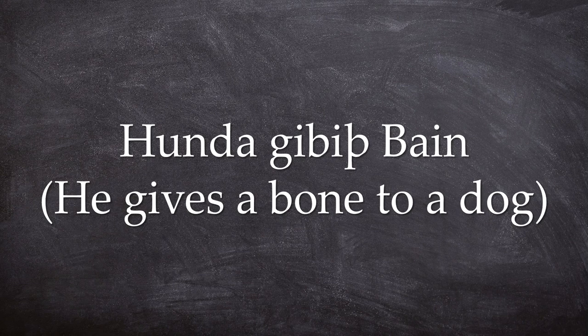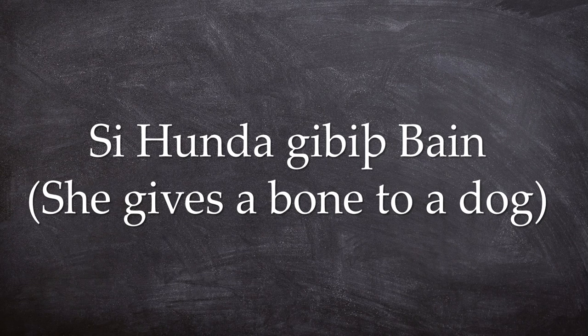Well, as you can see there is no pronoun here, so we'd have to tell by context if it's he, she, or it, or if it's the second person plural conjugation, which would be jūs gibith, you all give. So it could be pretty much any of those. But let's just add a pronoun here. She gives a bone to a dog would be si hunda gibith ben.